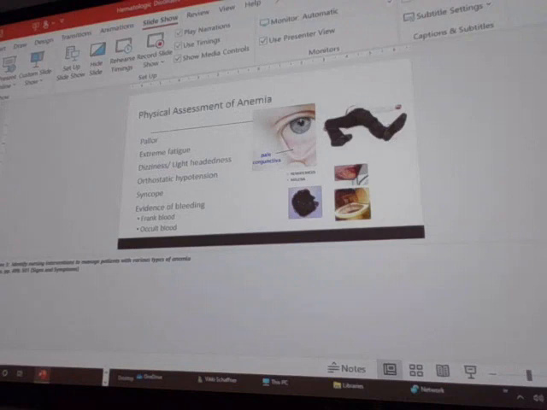Orthostatic hypotension, syncope, evidence of bleeding, frank blood, and occult blood. So we have to check. For people that are anemic, one of the things they're going to check is occult blood. They're going to do a guaiac on them to find out, are they bleeding internally?